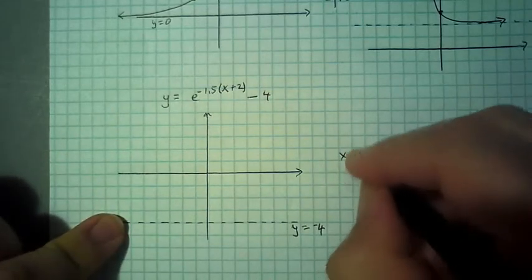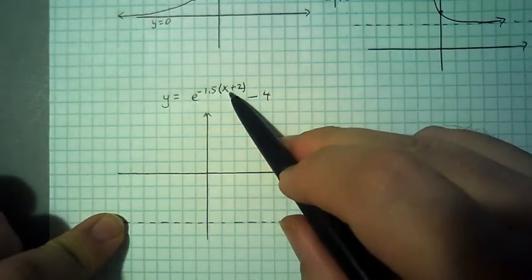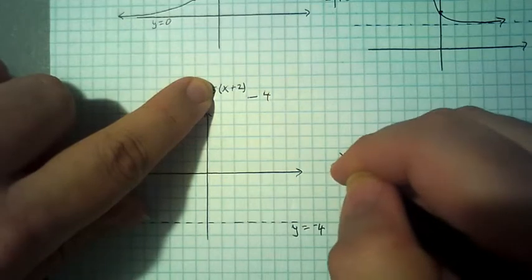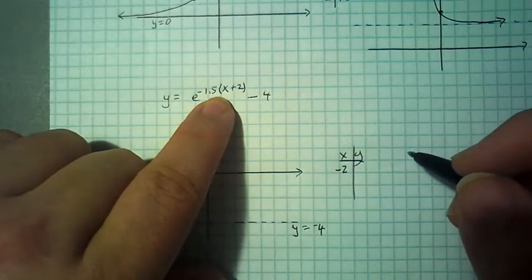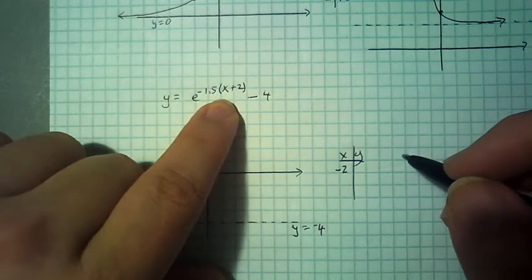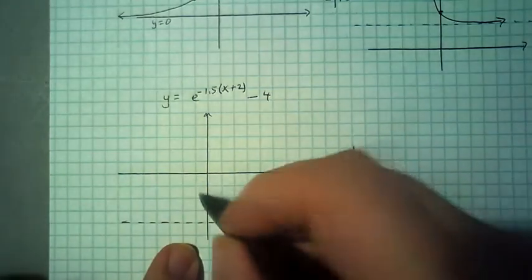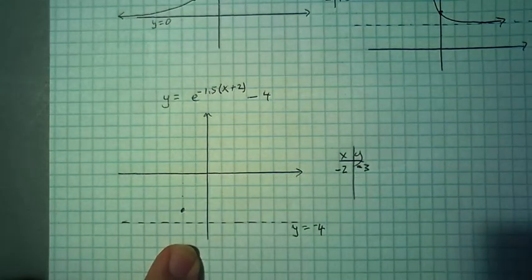The other thing that's going to be different about this one is because of this plus 2, in order to make this 0, I'm not going to stick in 0, I'm going to stick in negative 2. Because negative 2 plus 2 is 0, multiplied by negative 1.5 I get 0. e to the 0 is 1. 1 minus 4 is negative 3. So negative 2, negative 3 is right there.